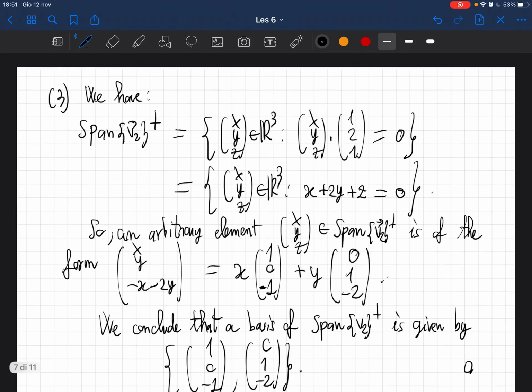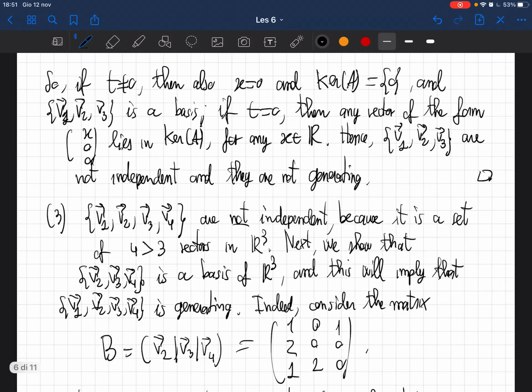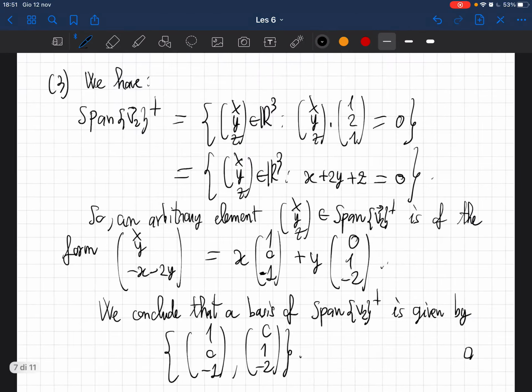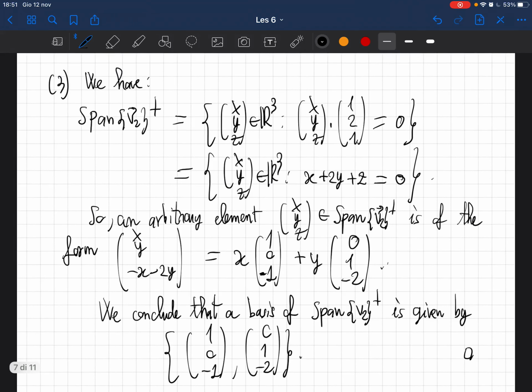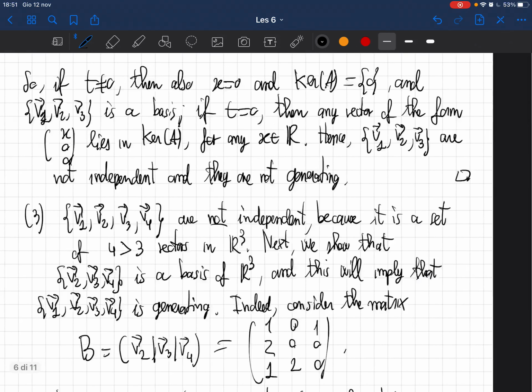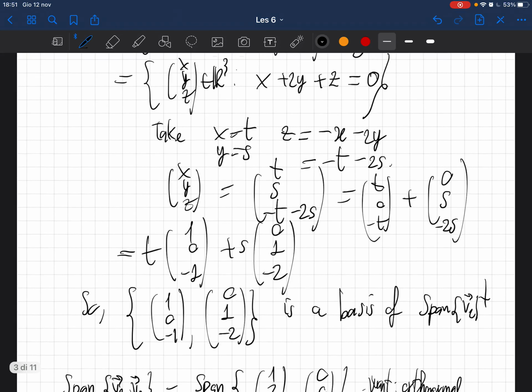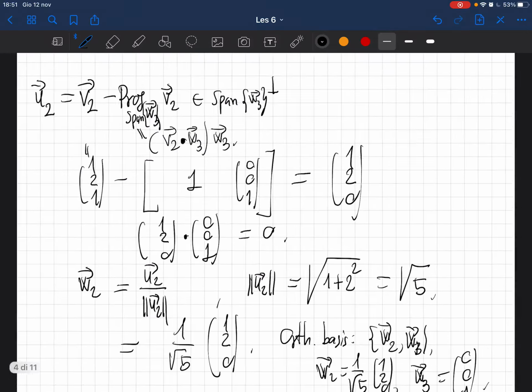Okay, 4. This was the last one of this exercise. So it was the Gram-Schmidt algorithm, right? Let me just do, can 1 0 minus 1 0 1 minus 2, is it correct? 1 0 minus 1 0 1 minus 2.